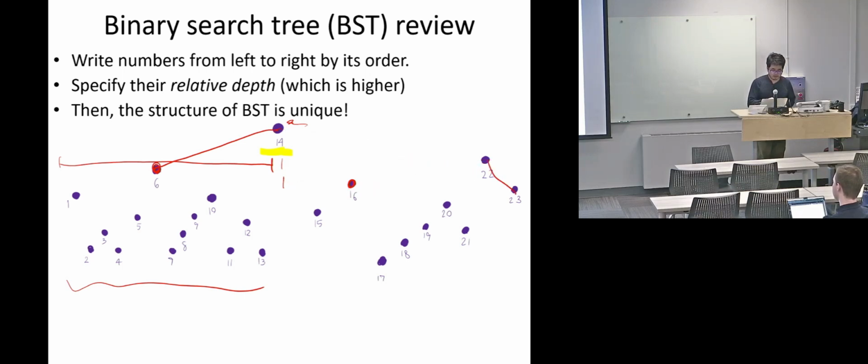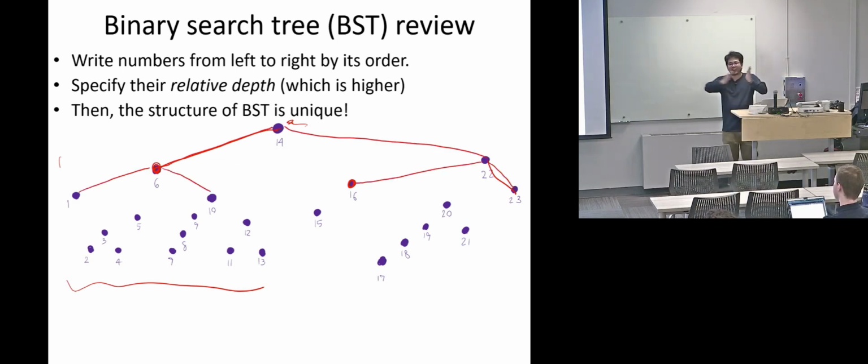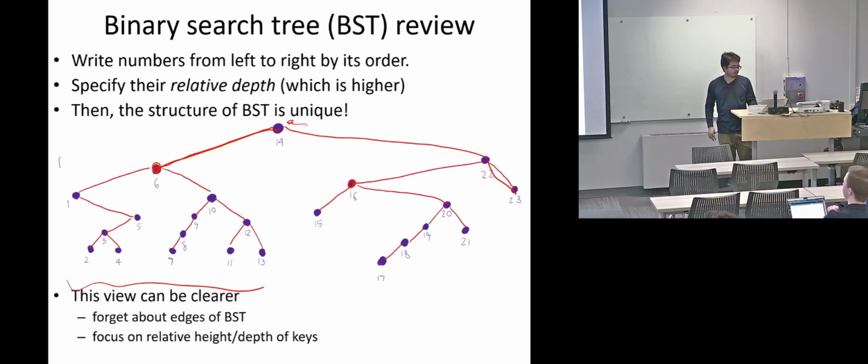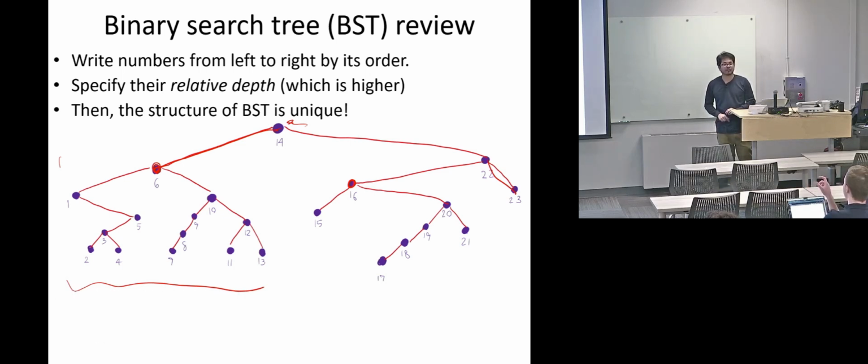Okay. So basically, I hope you see that once you fix the ordering and you fix the relative height, you can actually forget about the edges of the tree. It's fixed. Are all depth specifications valid? Yes.